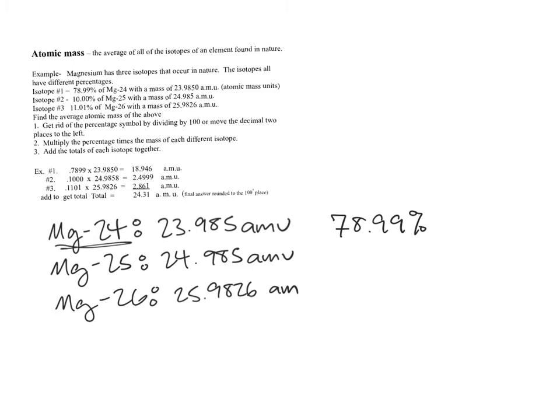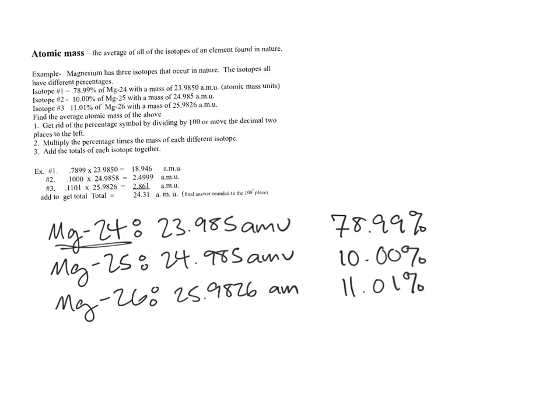It occurs substantially more often than the other two types, so we care about it a lot more. Magnesium 25 only occurs 10% of the time, and magnesium 26 only occurs about 11% of the time. So magnesium 24 is going to count a lot more in our average than magnesium 25 or 26.